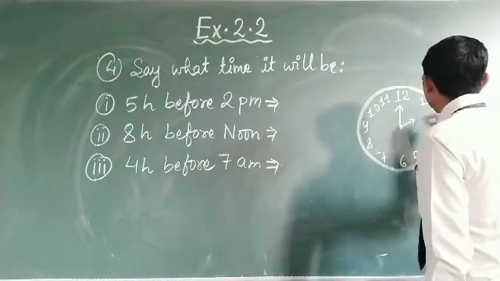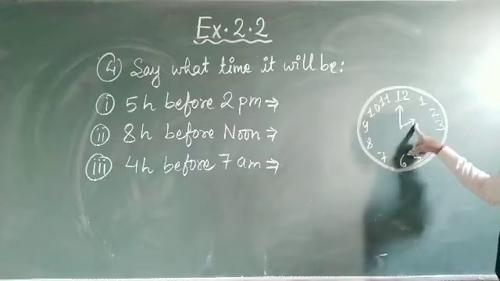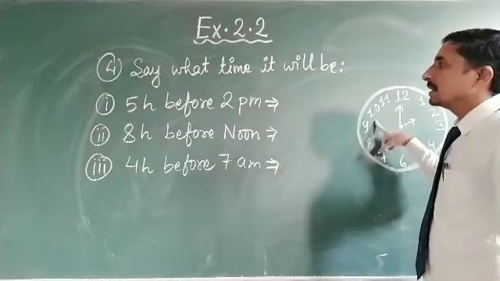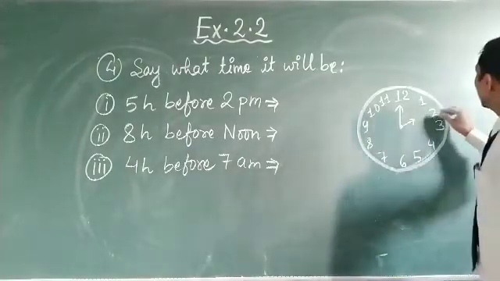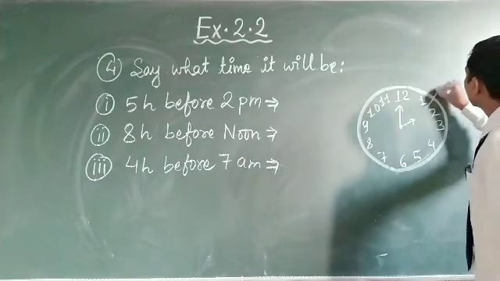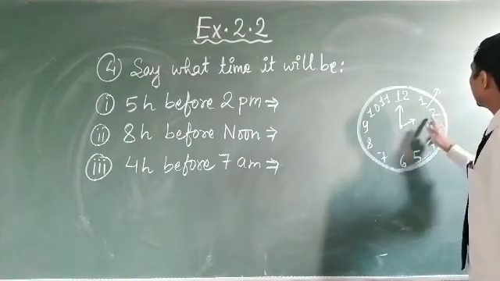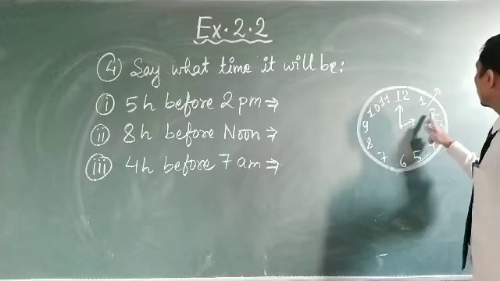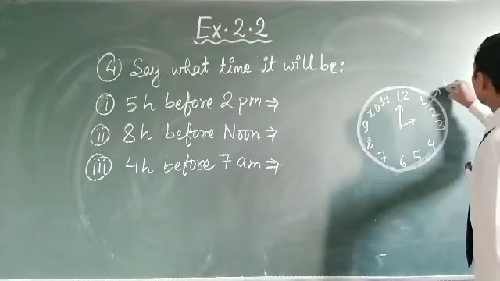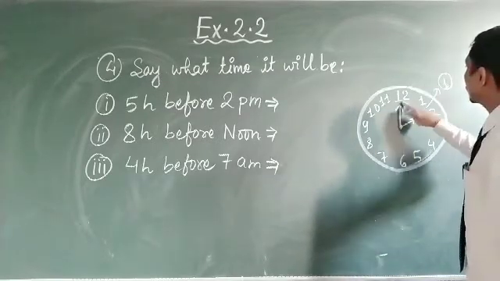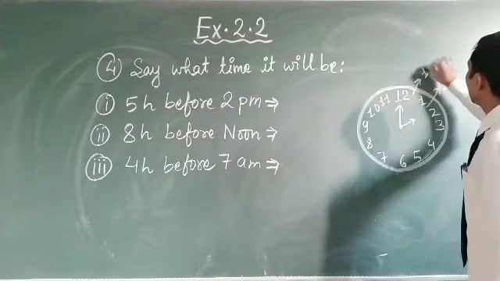This is 2 o'clock, so 2 p.m. So 5 hours before 2 p.m. is, so we go back, that is 2 hours, 2 o'clock to 1 o'clock, that is 1 hour, and 1 o'clock to 12 o'clock, that is also 1 hour.